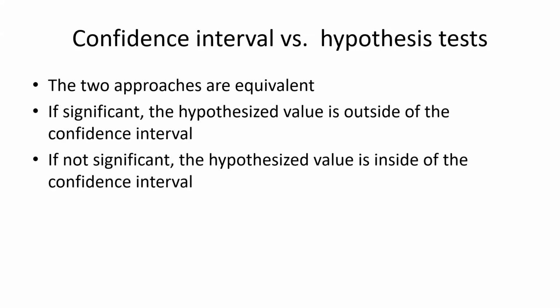If it's not significant, the hypothesized value is inside of the confidence interval. So if the significance level is 5%, then the corresponding confidence interval is 95%. If it is 1%, then the confidence interval is a 99% confidence interval, and so forth. This concludes this section.